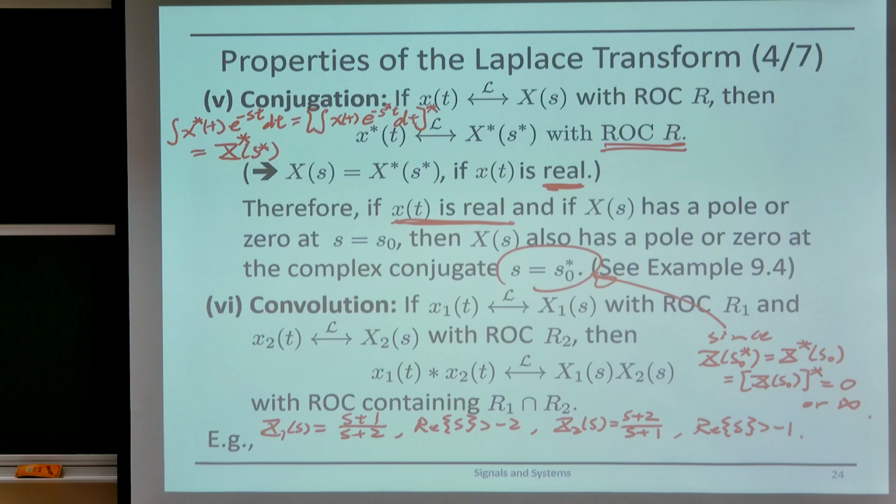But actually, if you multiply these two, you see that every term cancels out. So x1 times x2 is just a constant 1, which has a region of convergence that is the entire s-plane.